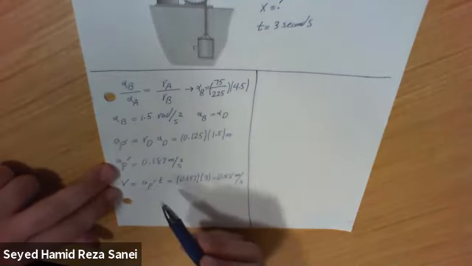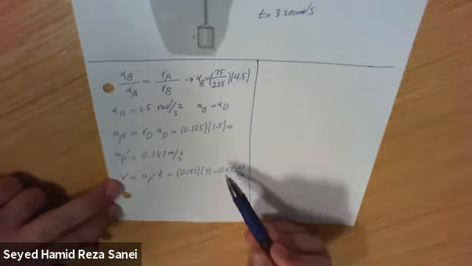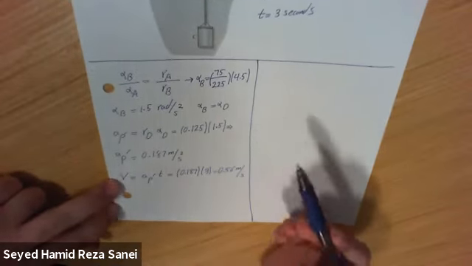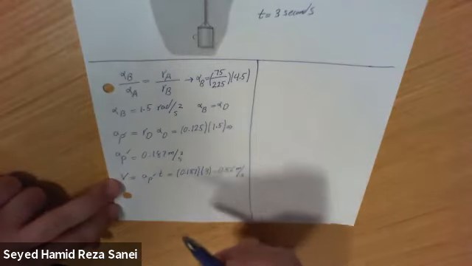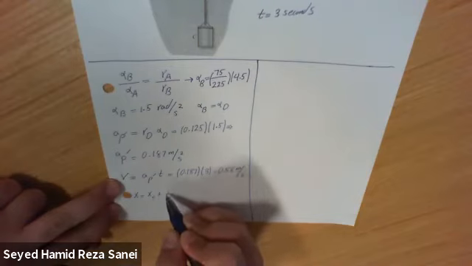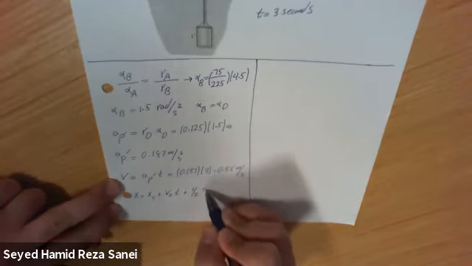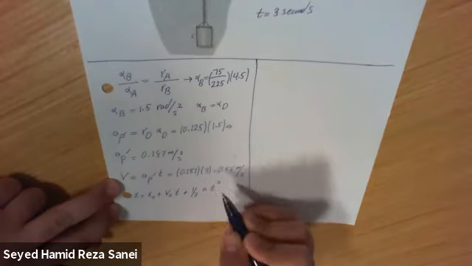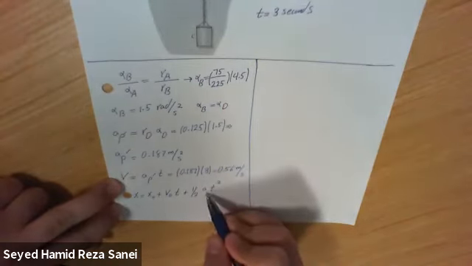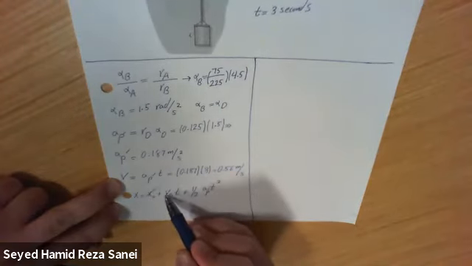And now that I have the velocity, I have the acceleration, I have the time, I can find the distance that it travels. So x equals x naught plus v naught t plus half of acceleration t squared. Which acceleration? The acceleration of my point P prime. The initial is 0 for both.